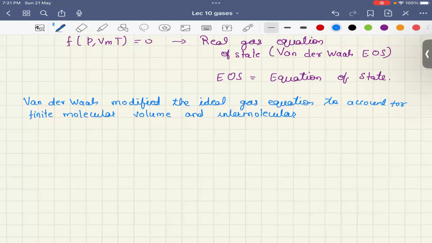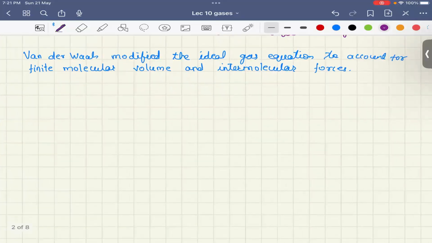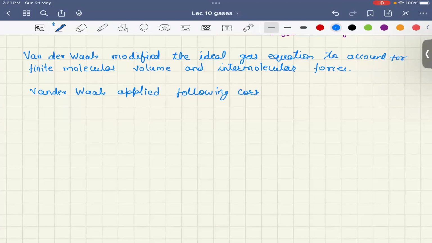Van der Waals applied the following corrections to the ideal gas equation.